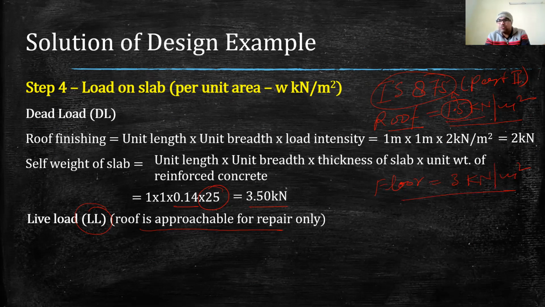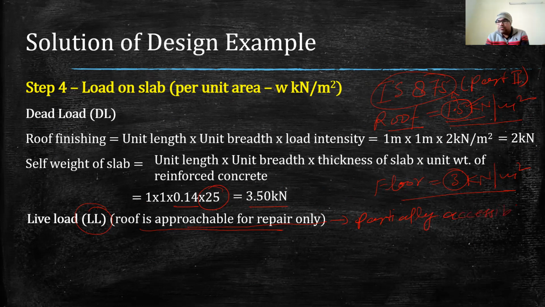So if you are designing a roof, the minimum value of live load to be taken is 1.5 kilonewton per meter square, and the minimum value of live load to be taken in case of floor will be 3 kilonewton per meter square. That is the value you can remember. Now, in our case, the roof is approachable for repair only, which means it is partially accessible.